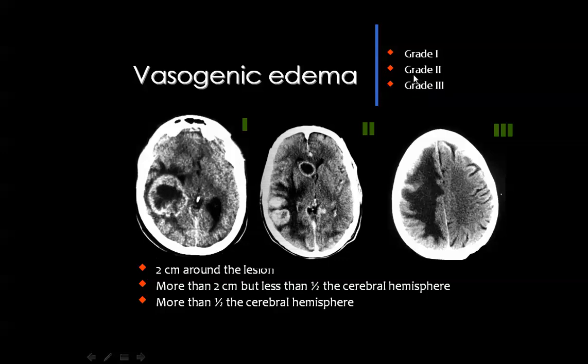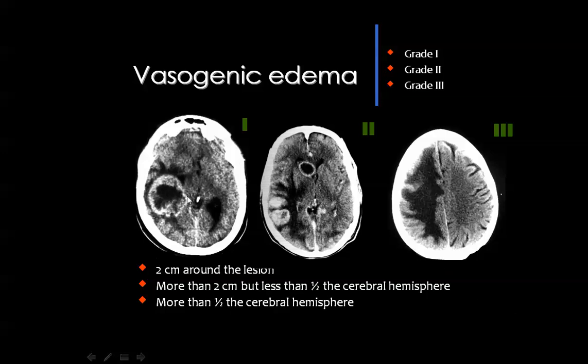The grade 2 perifocal edema is a hypodensity measuring more than 2 cm but less than half of the cerebral hemisphere where the lesion is seen. Then the grade 3 perifocal brain edema is an edema or a hypodensity which is more than half of the cerebral hemisphere where the lesion is existing.